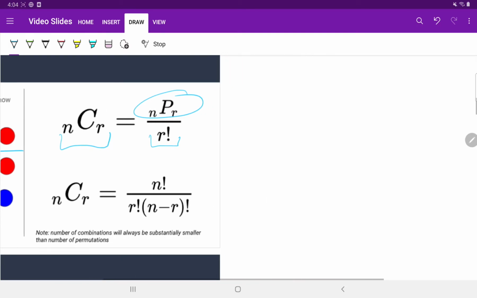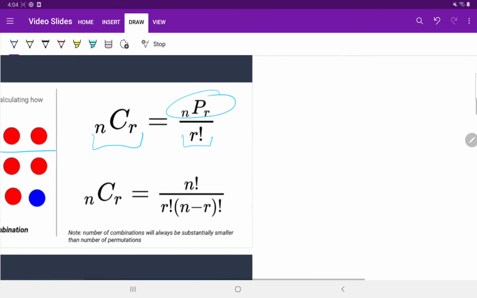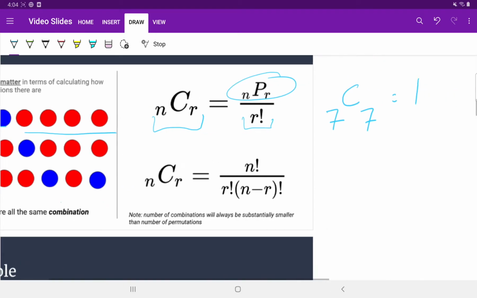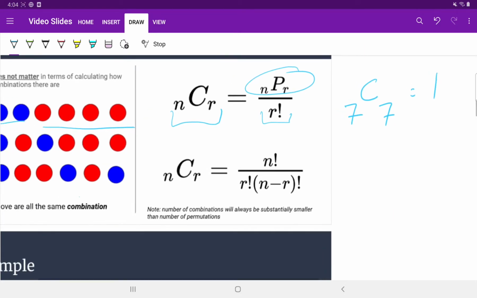So by extension, what this means is when we have some set, so let's say I take these 7 circles here and say, hey, I've got 7 circles, and I'm going to combine all 7. Well, when we're talking about rearranging the entire set, there's only one way to arrange that entire set. Even though we are moving things around within it, there's only one combination of all things within that set, and that is those things.